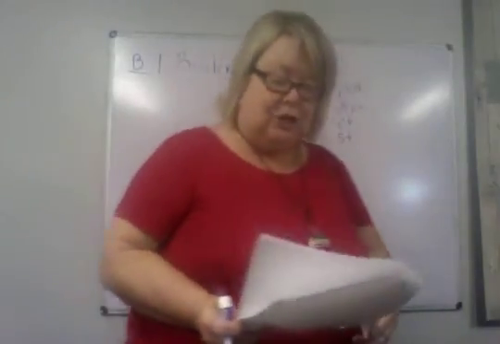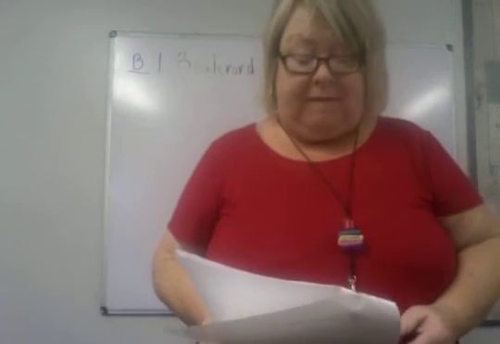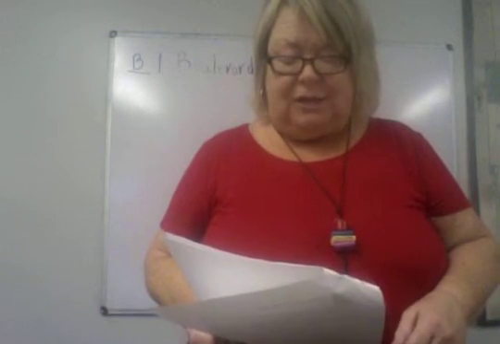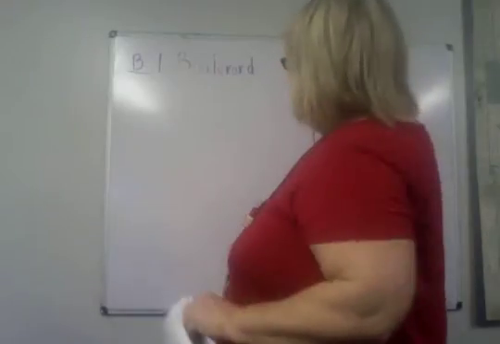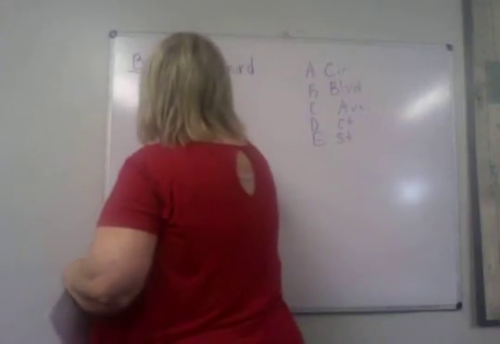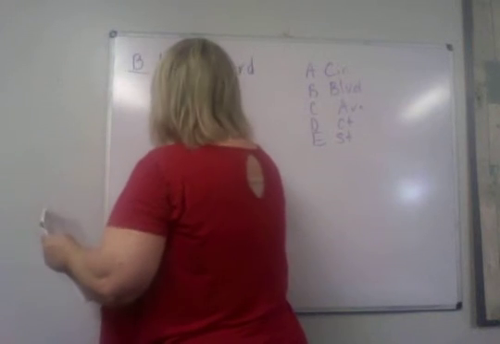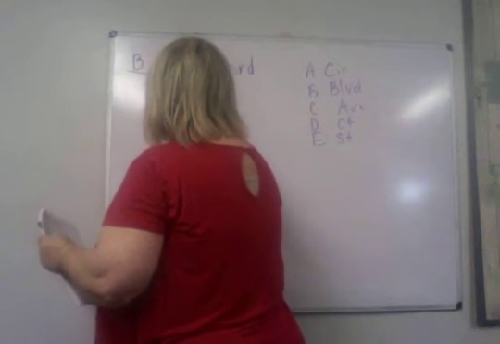For the second section, you're going to read each pair of abbreviations and fill in the circle next to the abbreviation that is written correctly, remembering that days of the week begin with a capital letter, even if they're abbreviated.